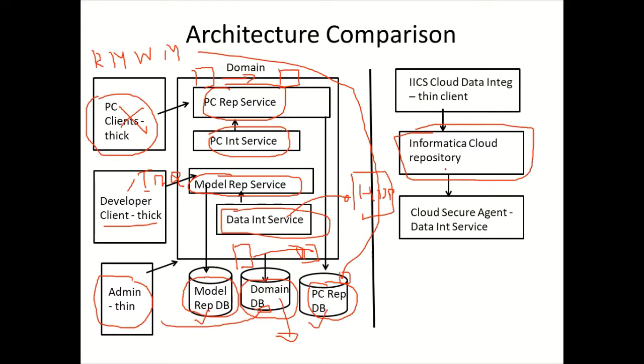What you just need is internet access, and then you should create an account in IICS, and depending on the type of license you have, you will be able to get access to different tools like your data integration or data quality or MDM, whatever it is. And you can just create your mappings, and the mappings will be stored on your Informatica Cloud repository.